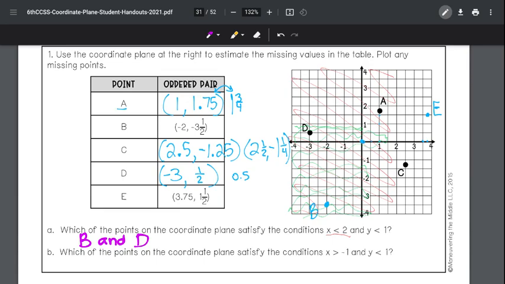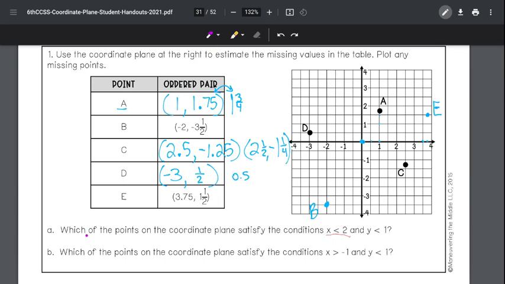Now, I'm going to erase this really fast so that I can remake my squiggles.